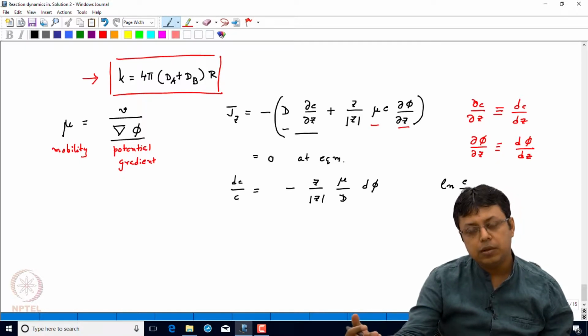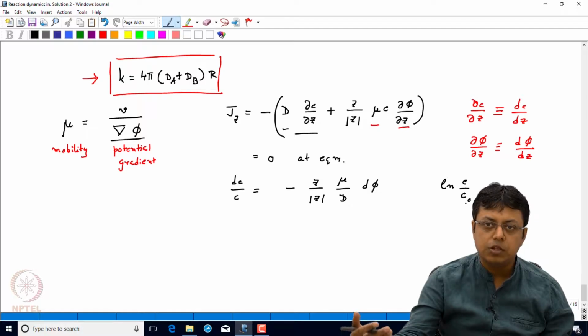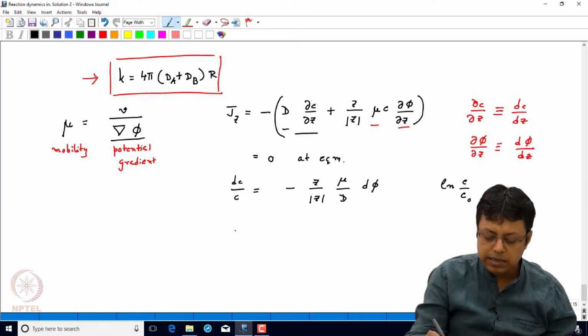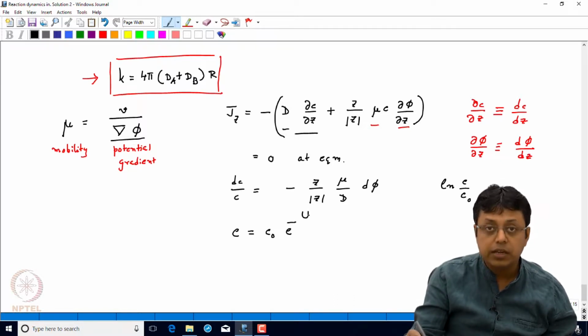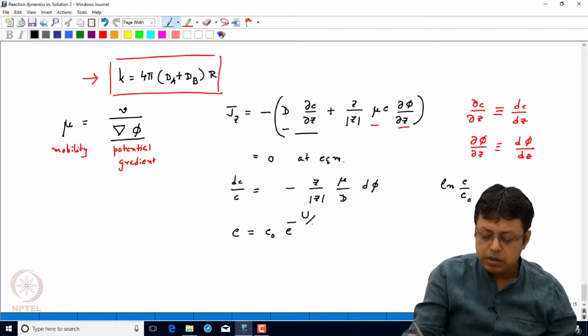Let us assume that this concentration has a dependence which is something like a Boltzmann type, in the sense that C is something like C0 into e to the power minus some potential energy U, which we do not know at this moment, divided by kBT.